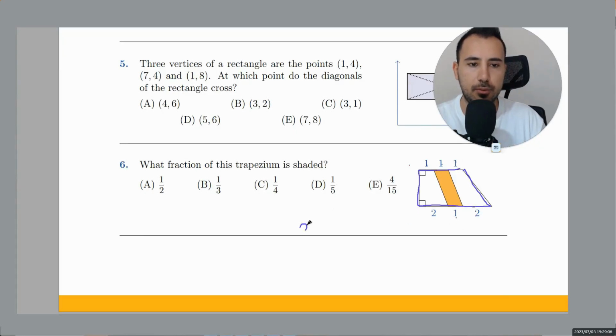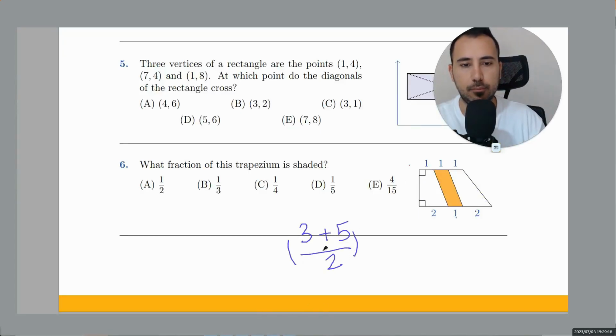So it's going to be 3, the top one, plus this 5, divided by 2. All of this multiplied by this h. So it would be 4h. So the big trapezium is 4h.